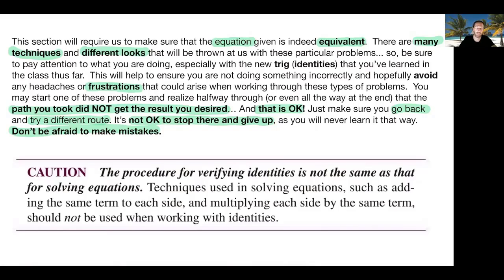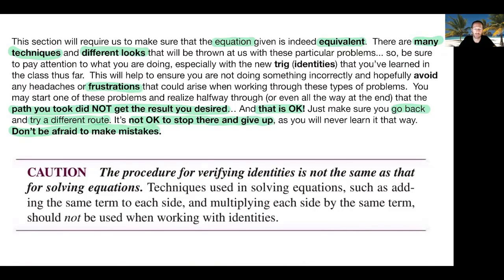Okay, so a couple of things I want to talk about before we move on to actually seeing how this is different. Not a lot being thrown at us that's new in this section, so that's good. We're not adding more identities yet. We'll get there, but just learning how to work with these a little bit differently than the previous section when we were just simplifying them.